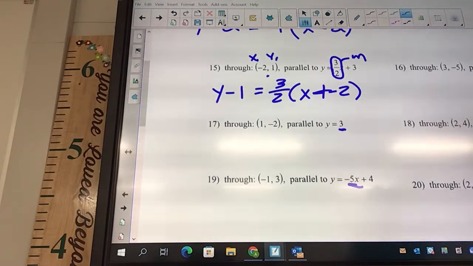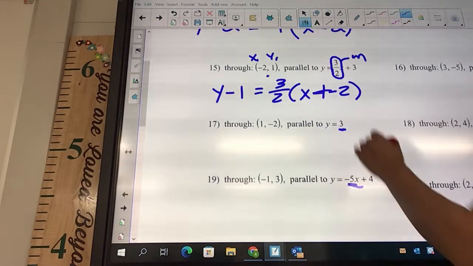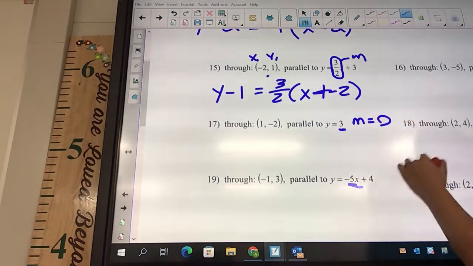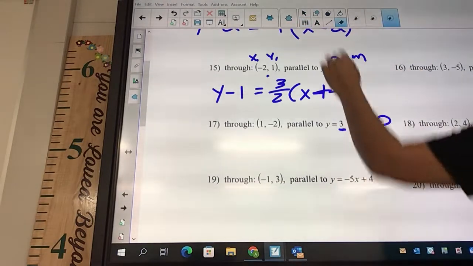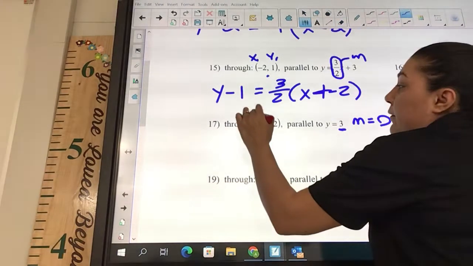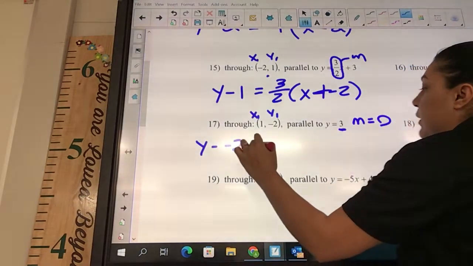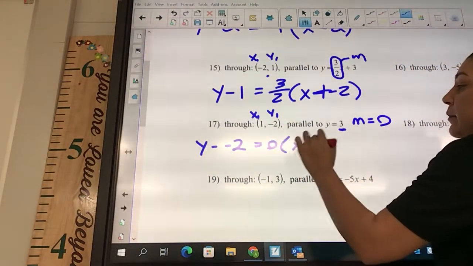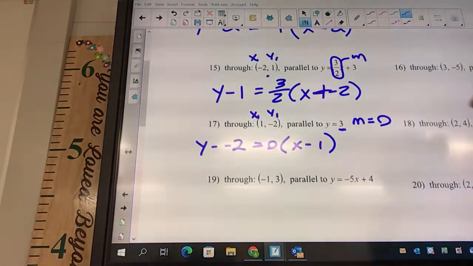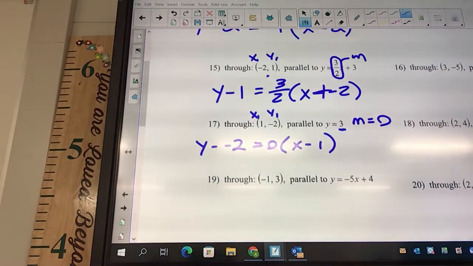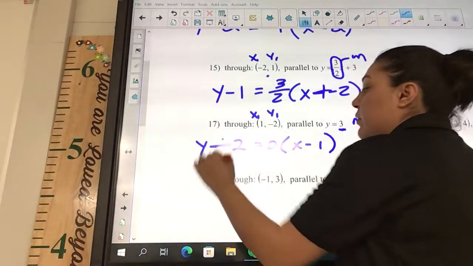So in this case, our m, or our slope, if there's nothing there, is a 0. So you're going to have y minus -2 equals 0, x minus 1. And we change this minus minus into a plus.